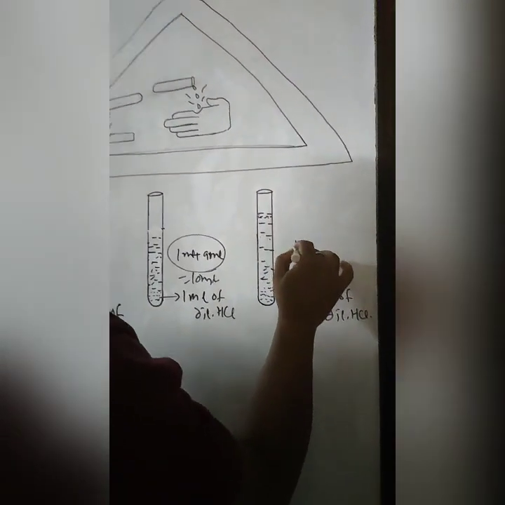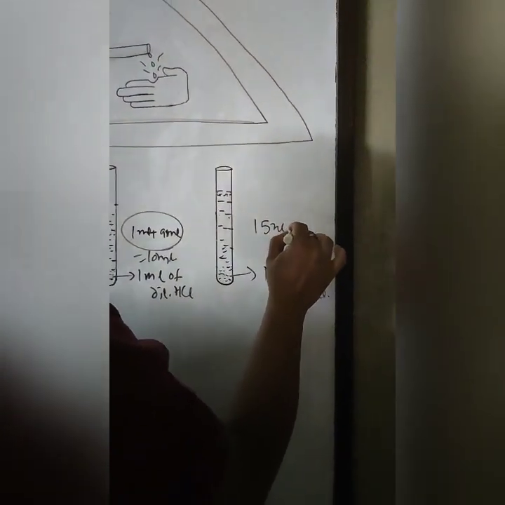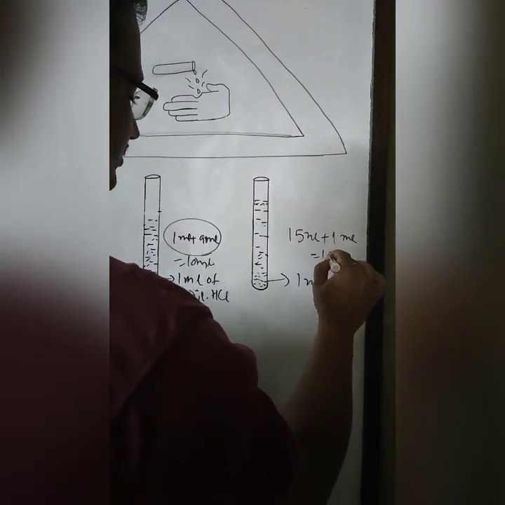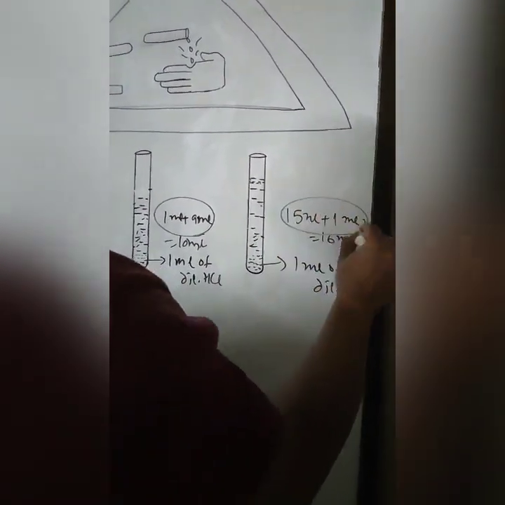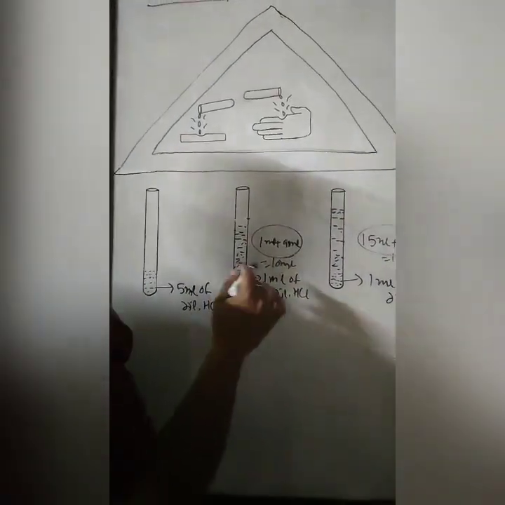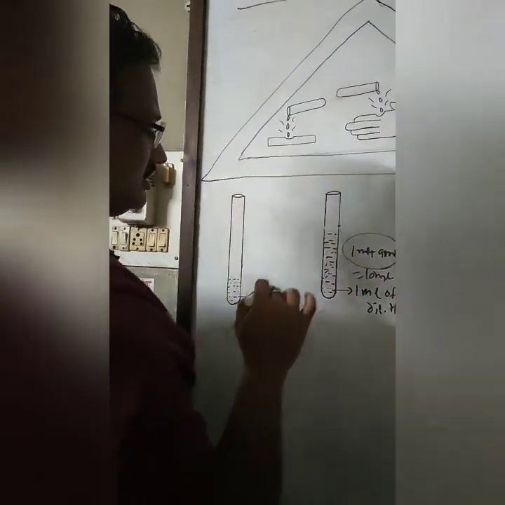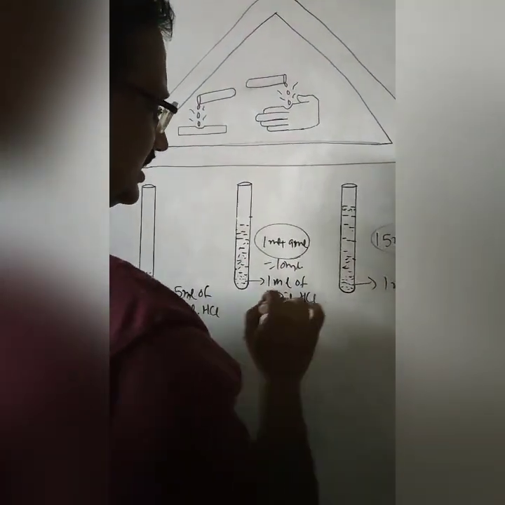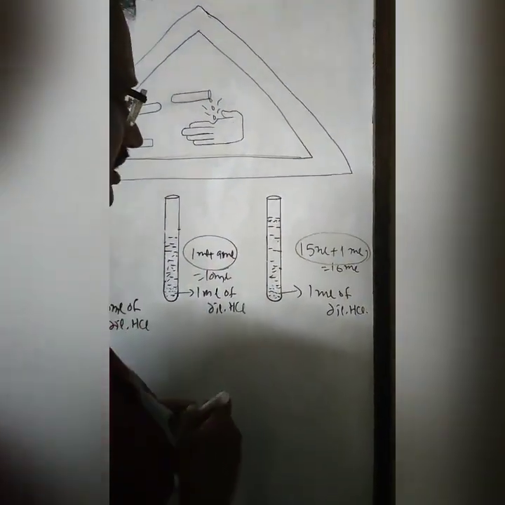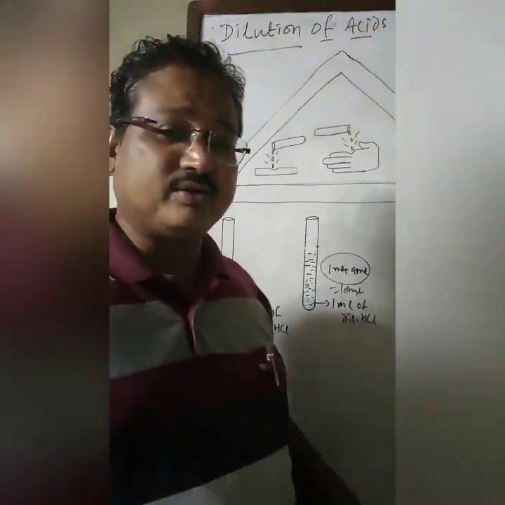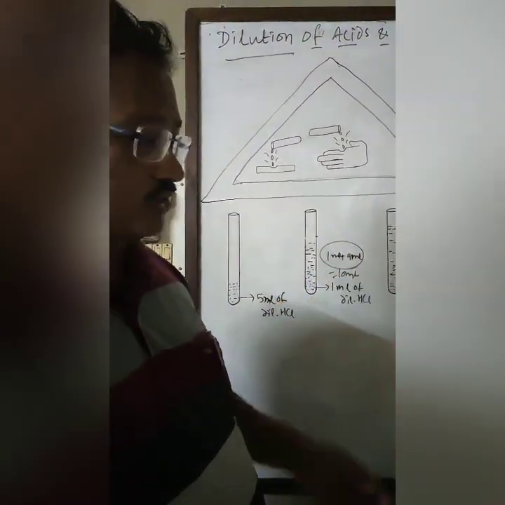So here the total content becomes 15 ml plus 1 ml, so 16 ml. So of a particular concentration, here 5 ml of acid is there, here 1 ml of acid is there, and here dilute HCl 1 ml, but it has been further diluted with more water.